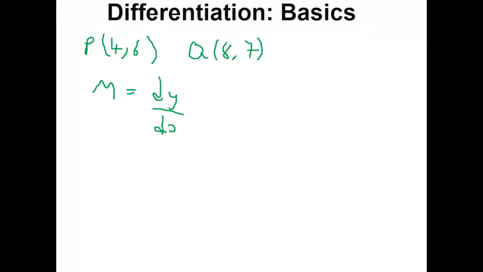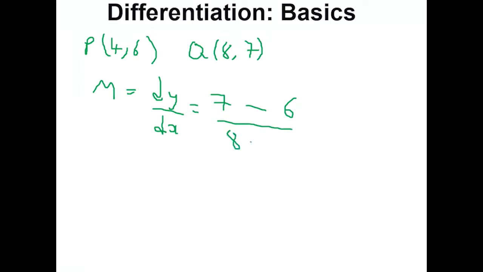So we are going to have 7 minus 6 over 8 minus 4.